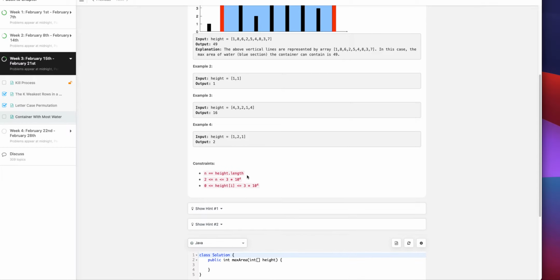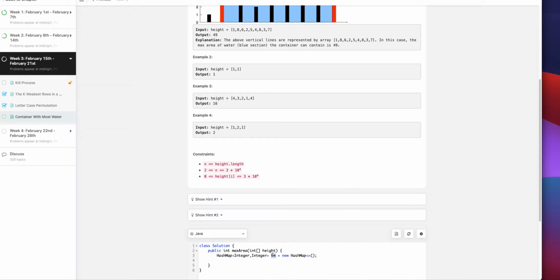What I can do is create a hash map, Map<Integer, Integer> h1 is equal to new HashMap. So this hash map would hold the index to line height mapping.